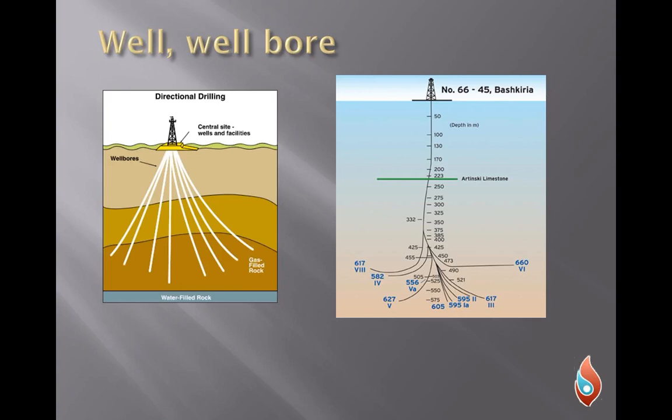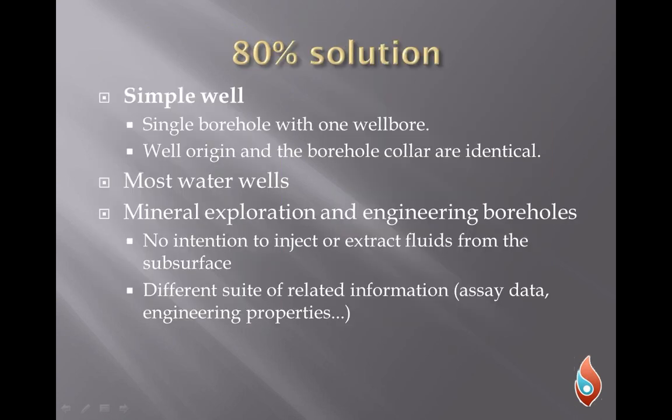On the left is an example where it shows all the well bores converging on what might be a single well at the surface, or might actually be some sort of drill floor like you see in offshore rigs that has a lot of well heads coming out on the drill floor. And the right is an example of one well that has multiple well bores branching at depth. So there are many well bores here and one well.